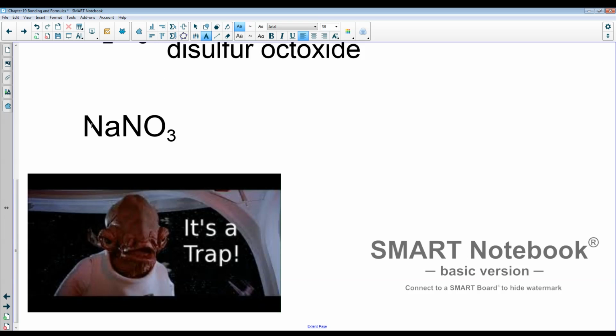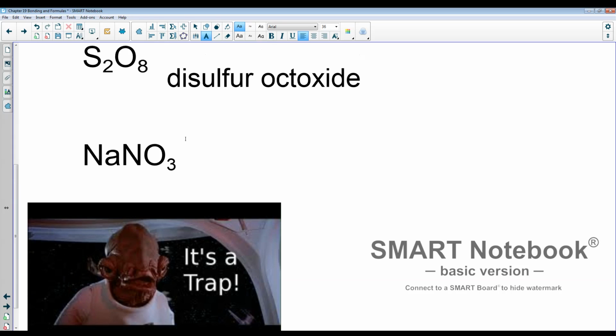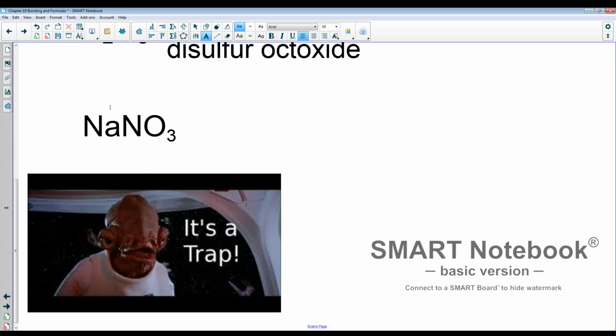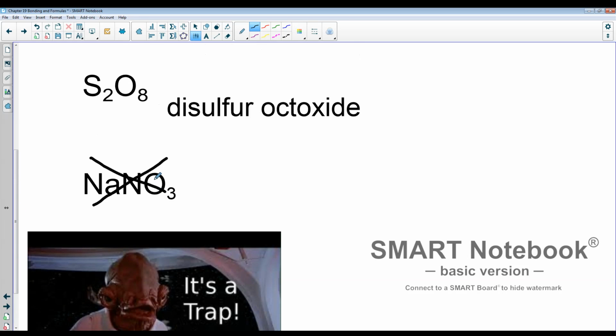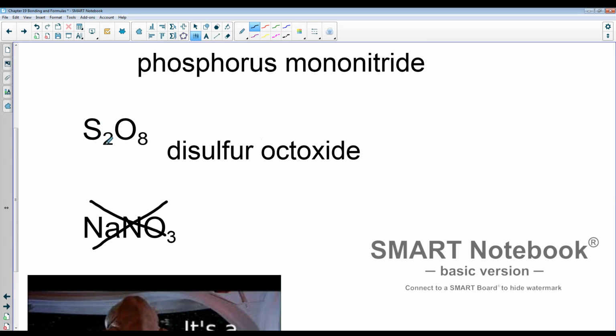You have to have all nonmetals to be a covalent compound. So this one is a polyatomic ion, and I would call this sodium nitrate. Sodium's a metal, so this follows a completely different set of rules for naming. So be on the lookout for metals, because those have to follow the plain naming rules for ionic compounds. Only when you're all nonmetals do you use the prefixes like this.